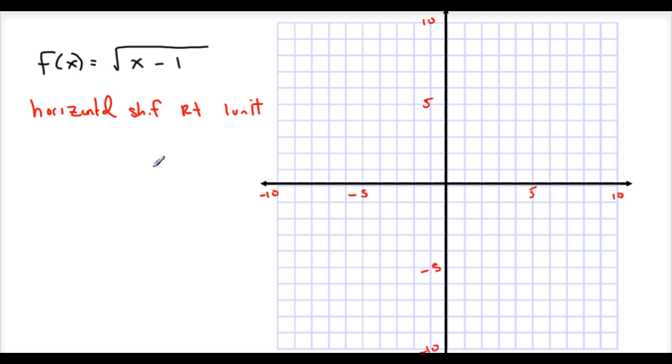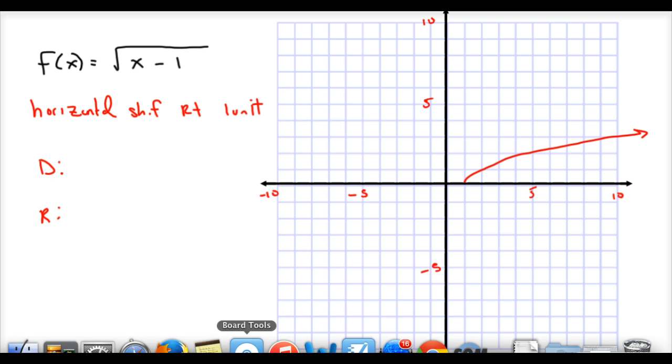So my parent graph would start here, and if I'm shifting 1 unit to the right, I move it over here. What is the domain and range of this function now?